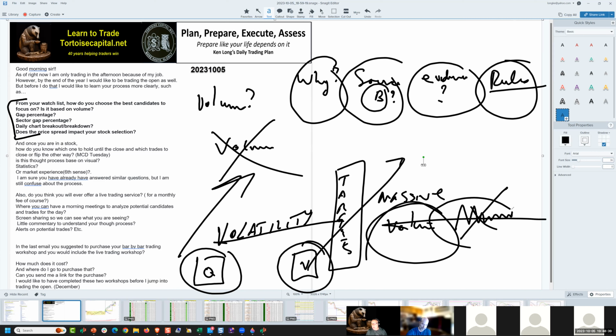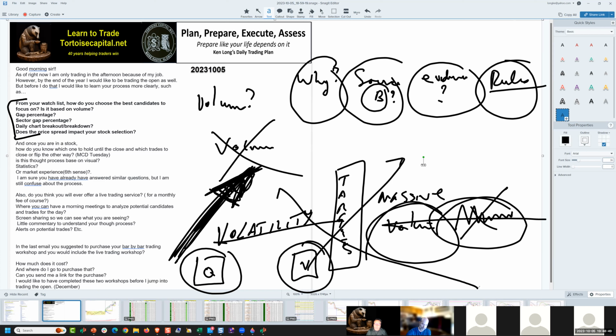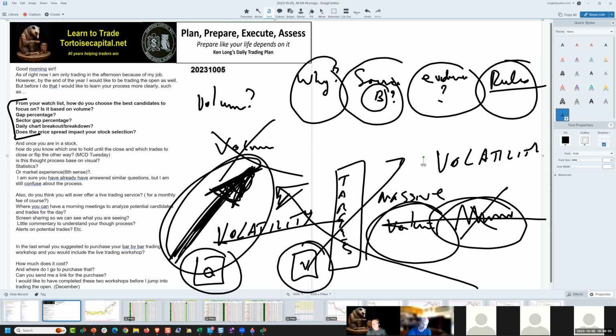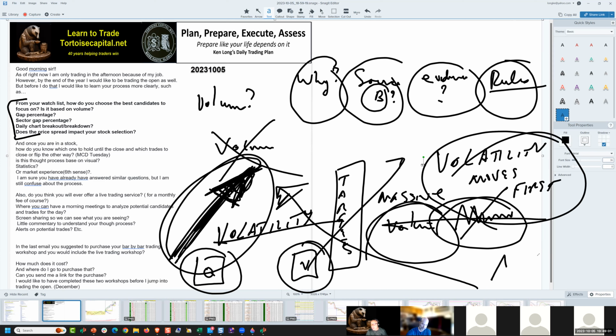And then it doesn't matter how much volume is there, because when they make a big move, it will attract volume in response to the volatility. So volatility moves first. That's why I study VIX, because that front runs all large volume moves.